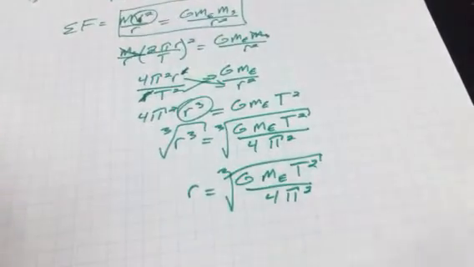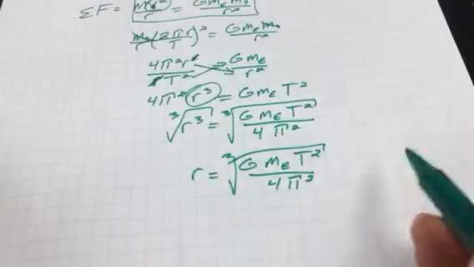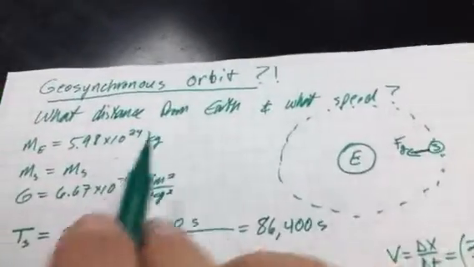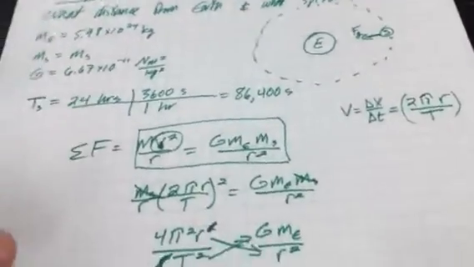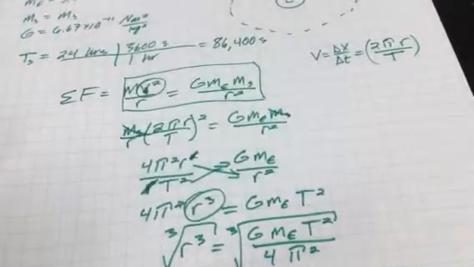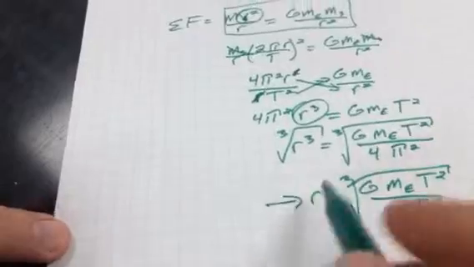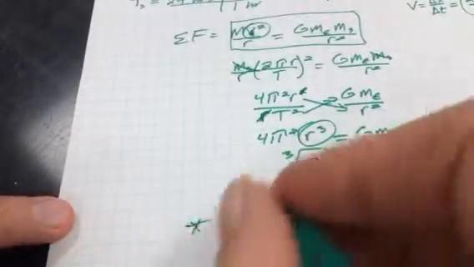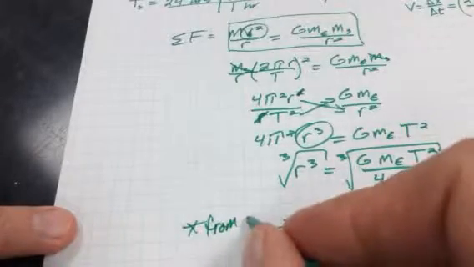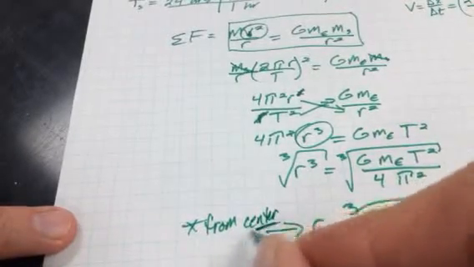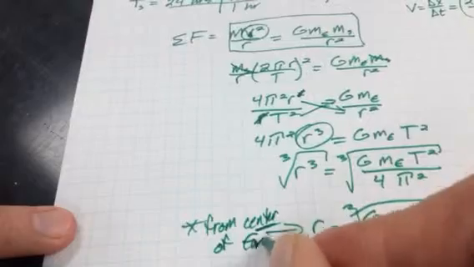All right. Now, the further question is, remember, if we go back up here, how high does it need to be, and at what speed? Oh, by the way, don't forget this radius here is from the center of the Earth.